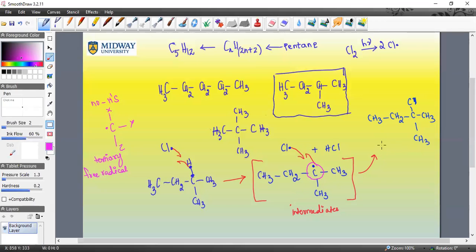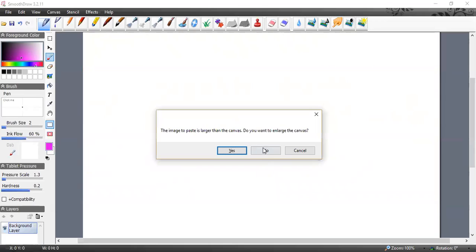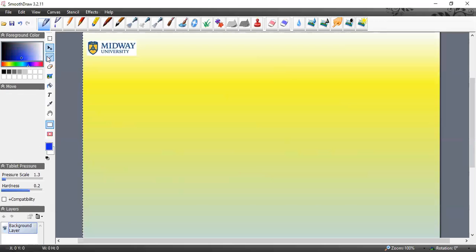Now what if we pick that same isomer, but this time, instead of that hydrogen that I chose right from the get-go, what if I chose one of these two hydrogens? They're identical. For the time being, I'm just going to pick this one.